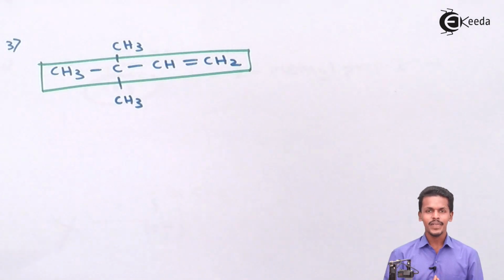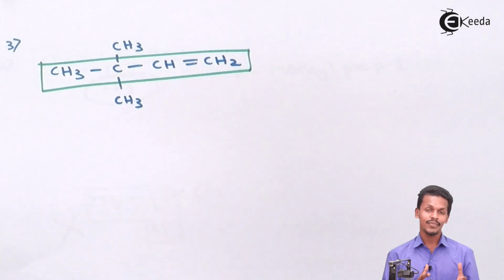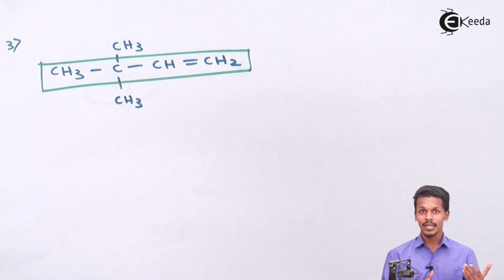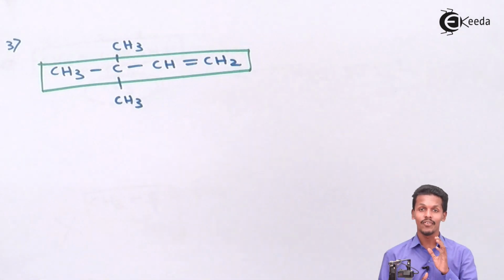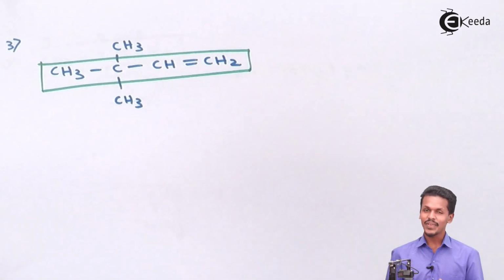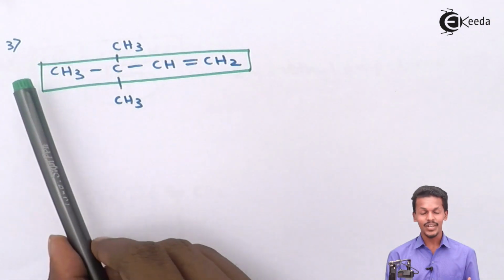In the rules of IUPAC nomenclature, we have also studied that we should number from the end where the branching is nearer, but that is only applicable if the carbon-carbon double bond is equidistant from both the ends.